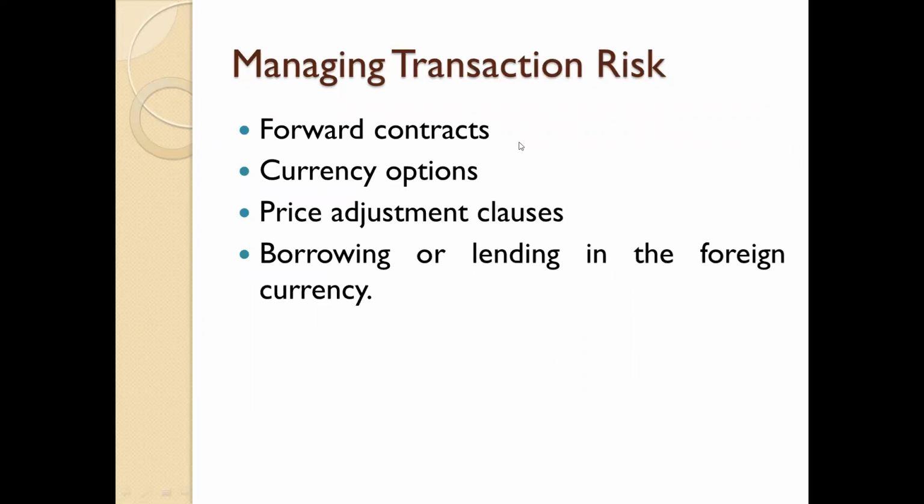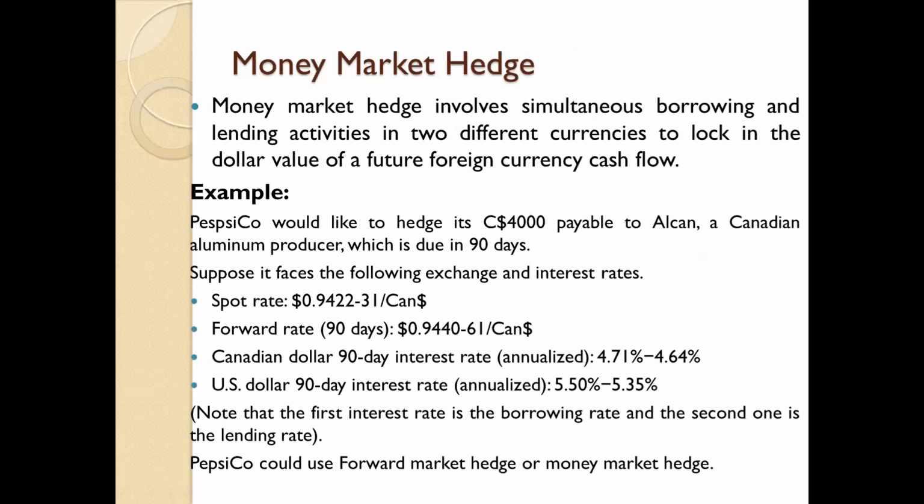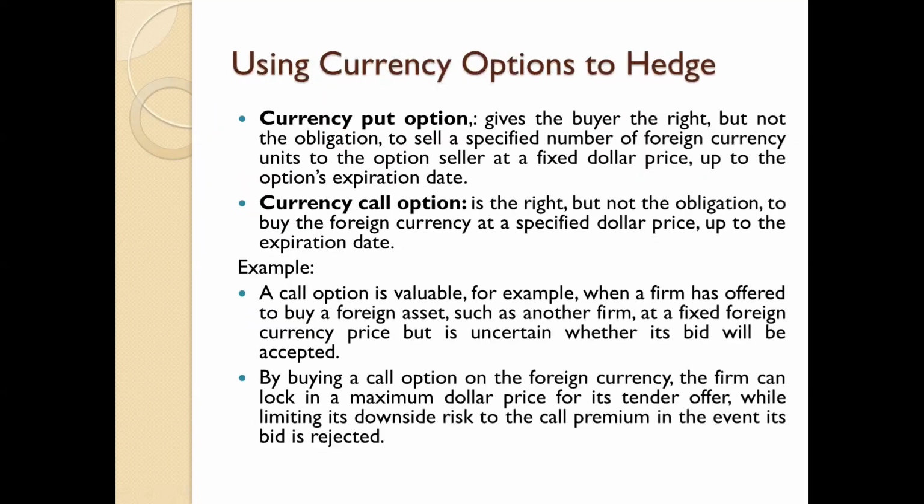We looked at the forward market hedge and the money market hedge, and the next option is that we can go with currency options also. In our session number 4, we identified that there are two types of options: the currency put option and the currency call option.